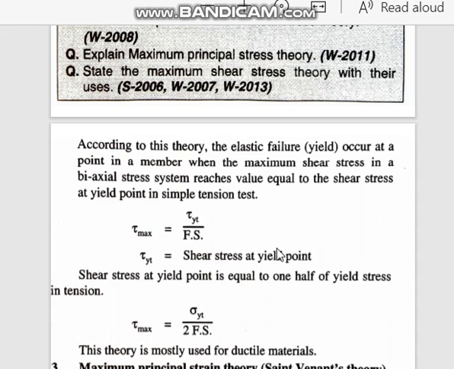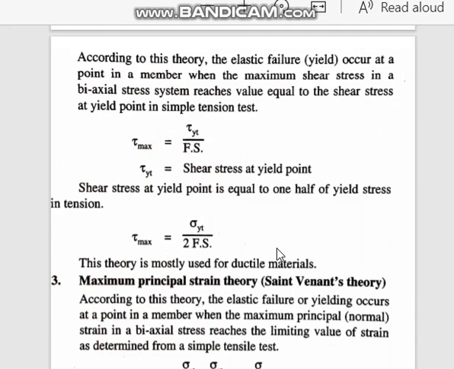Sometimes in the data books, you won't get this value given. Instead, yield point tensile stress will be given. Tensile stress is given by sigma, shear stress is given by tau. So tau at yield point may not be available.